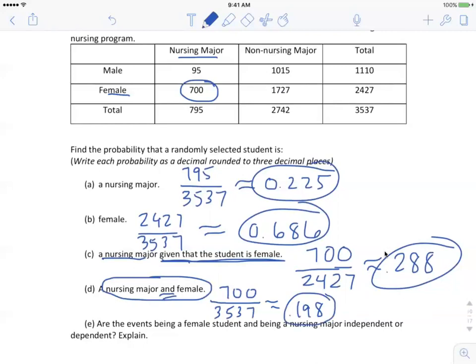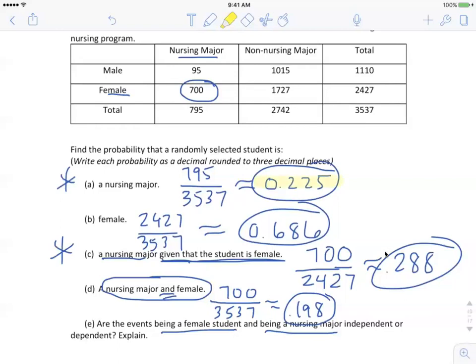Finally, are the events being a female student and being a nursing major independent or dependent? To answer this question, I would look at the questions A and compare it to C. Because check this out. The probability that we randomly select a student and they are nursing major is that, right?